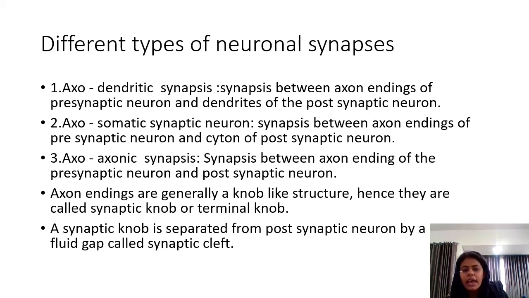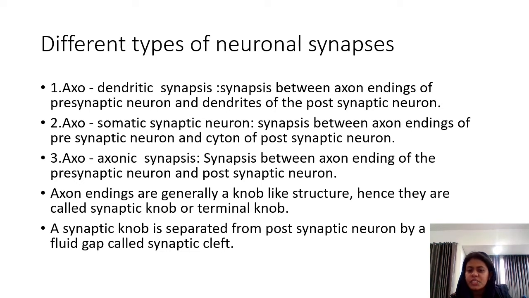Second, the axosomatic synapse, that is, the synapse between axon endings of the presynaptic neuron and the cyton of the postsynaptic neuron. That is, it is the junction between an axon and a cyton. The cyton, you know, is the cell body of the neuron. Sometimes there may be synapses between an axon and a cell body, and then it is called an axosomatic synapse. Third, the axoaxonic synapse.